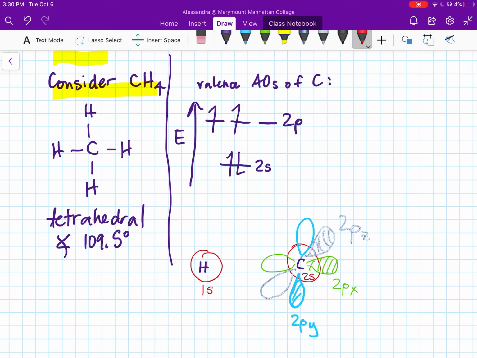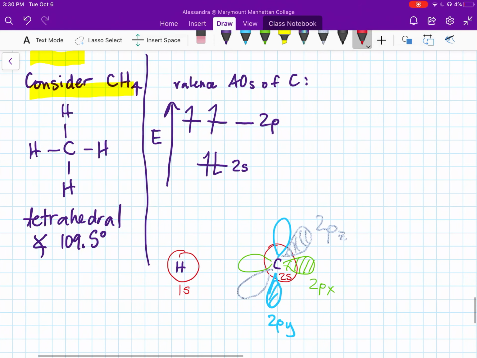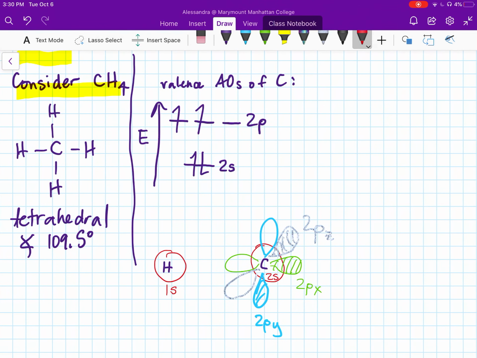So how can I combine four hydrogens and this carbon with the 2s orbital and the three 2p orbitals around it to get a tetrahedron? I have the lobes of the 2p orbitals pointing in six different directions here, and then I have this weird 2s orbital. And this arrangement of atomic orbitals simply cannot possibly give a tetrahedral structure.